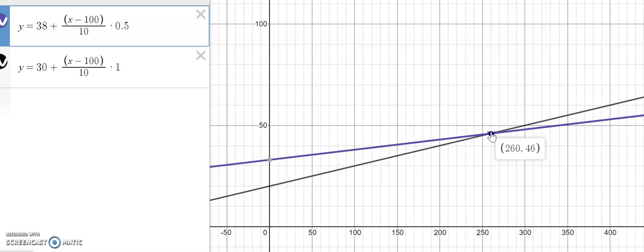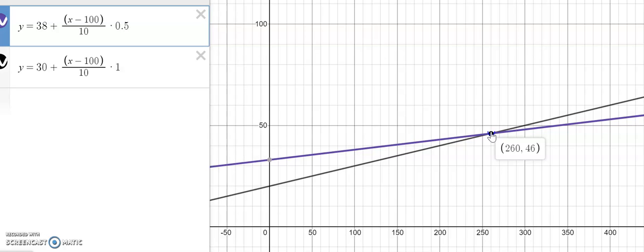So it must mean that if you travel 260 kilometers, now the y value, that y was the cost to you, was the charge. So if you travel 260 kilometers, you're going to be charged 46 euros. So when you travel that distance, it doesn't actually matter which company you use, you're going to be charged the same amount.